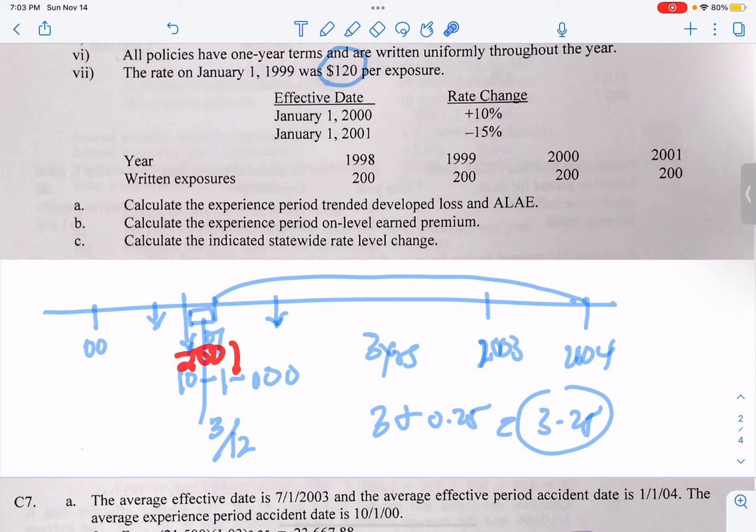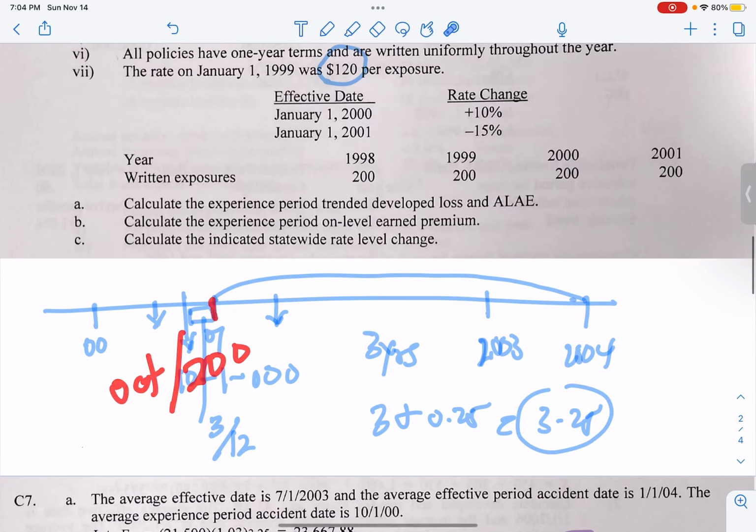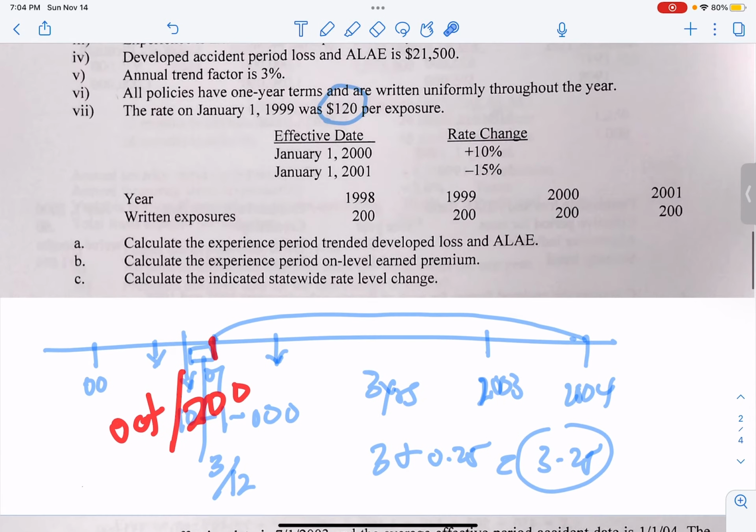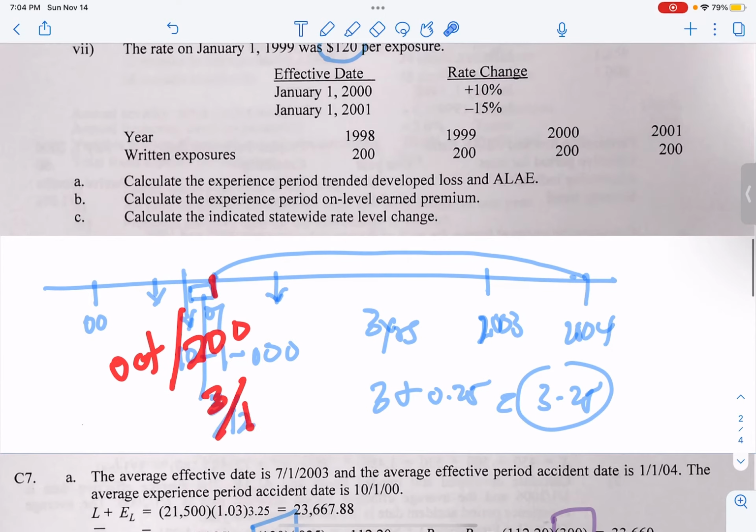And then for accident year, we need to find the midpoint. So the midpoint will be October 2000. So October 2000 to 2001, that is 3 months. So that's 3 over 12.